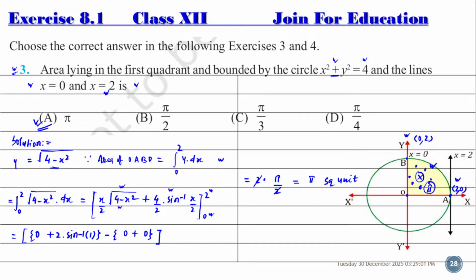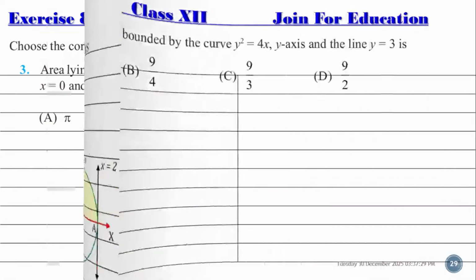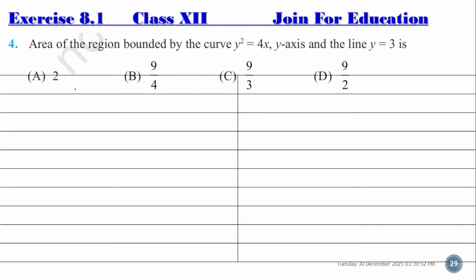Let's see the last question of this class. This is question number 4. Area of the region bounded by the curve y square equals 4x, the y-axis and the line y equals 3.